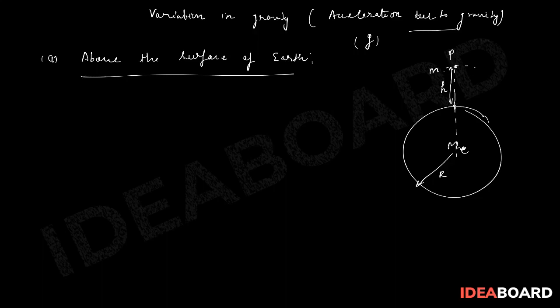So what I can do here, I can see that gravitational force F gravitational magnitude will be given by G Me m upon, this time, the total distance, say x, which will be R plus h only. So this will be R plus h whole square.